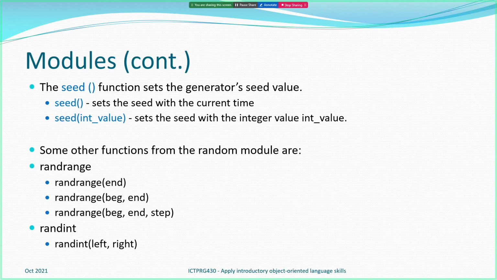You then can specify ranges. So you specify the beginning, end, or step. Where have we seen that before, I wonder? So this limits what's going to happen. And the last one is random integer. So start and stop, left and right. So that's the arc that it can randomize between.